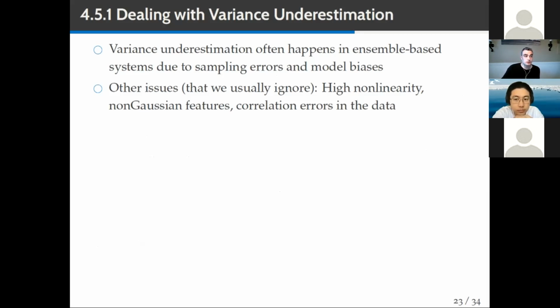Your variance could be underestimated because of sampling errors, model biases, high nonlinearity that you're not accounting for, non-Gaussian features, or errors in the data where you're not considering the correlations in space or the correlated errors in time. To me, all of these things combine together to cause some variance underestimation in the system.